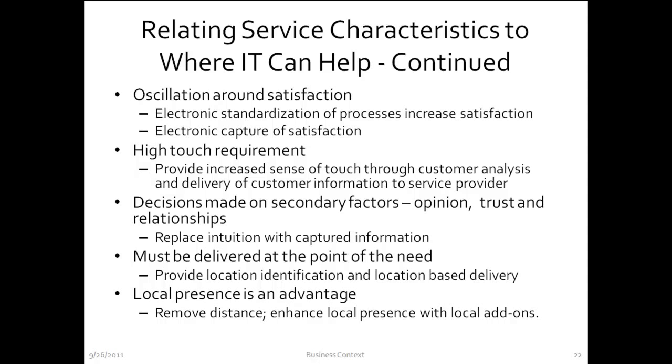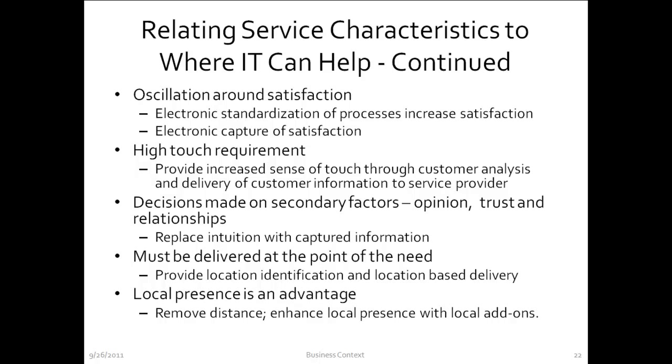The next thing is that a service, unlike a product, has to be delivered at the time of need. So if you're hungry, you need food right away. You can't be hungry and then get your food 24 hours later. And then finally, because it has to be delivered at the point of need, local presence is an advantage. So it's very difficult to deliver a good service when you're far away.